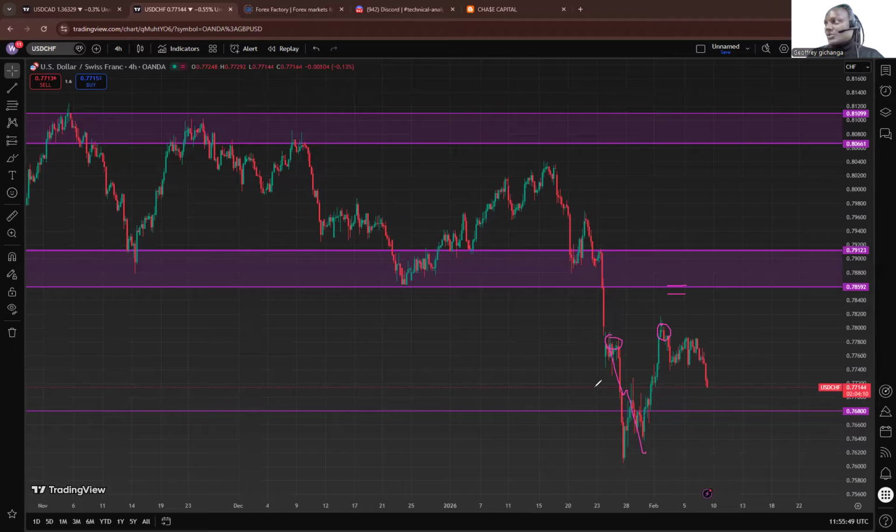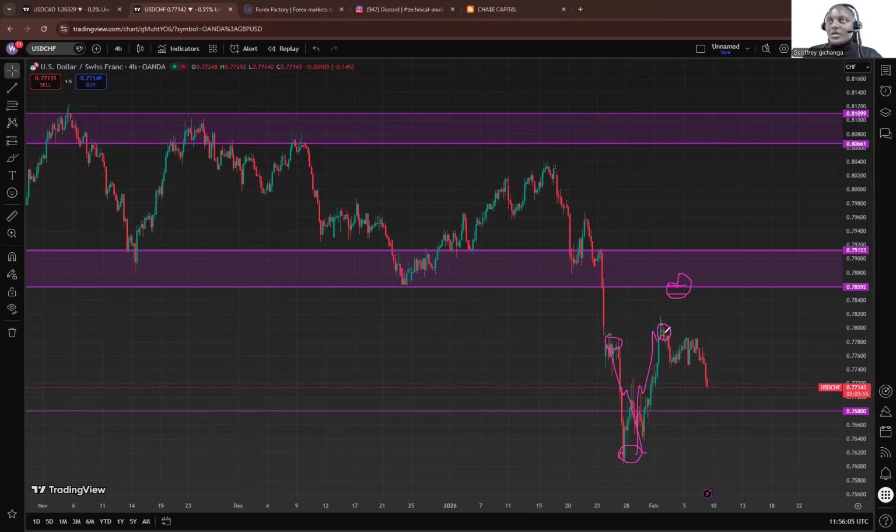So, this is what you have. We have a reaction from here. We had a push to the downside. So I will expect to see that reaction happening from 0.78590 areas up here. But instead, price has reacted from these highs, pushing to this.